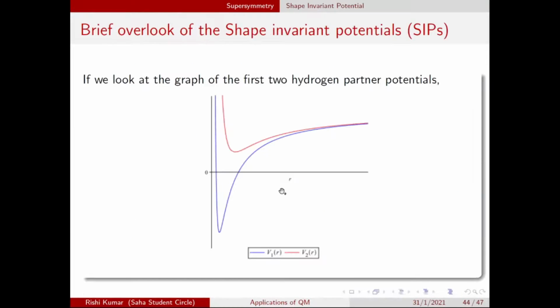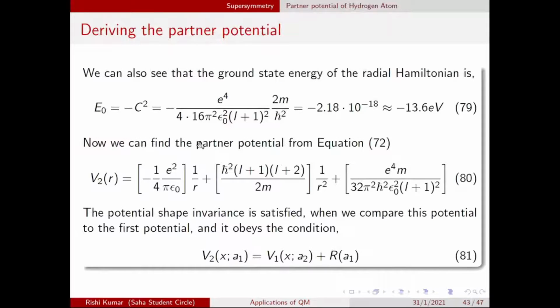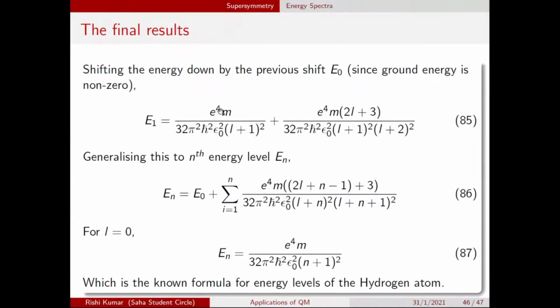E1, I think I might have derived previously. So E0 is right here, right? We're just finding our E1 by adding this remainder right here. So we found our first excited state. Now if you generalize this to the nth level, I think there might be a small correction. I think this is E0 or E1, I'm not so sure.